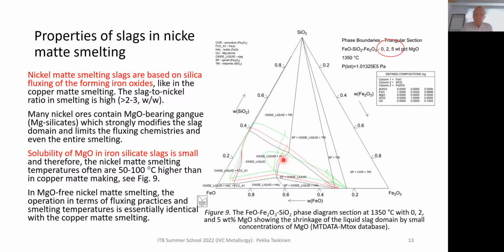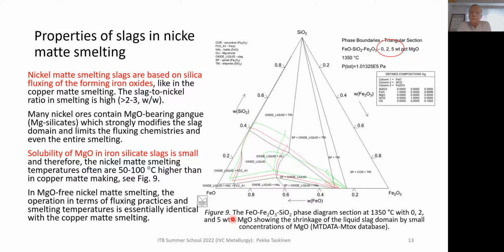And then this green line is showing the same liquid phase domain when the MgO concentration in the slag is 5%.